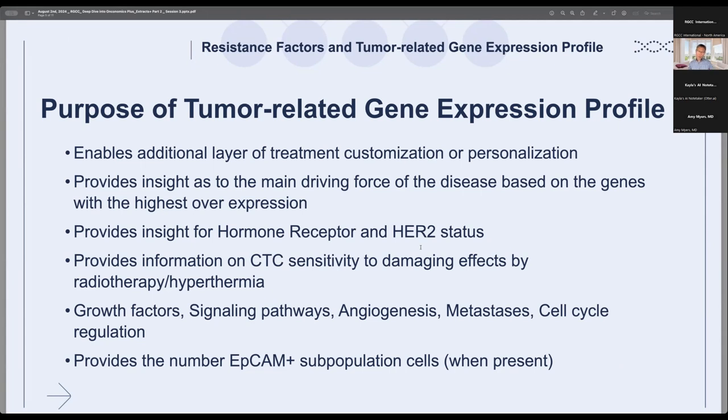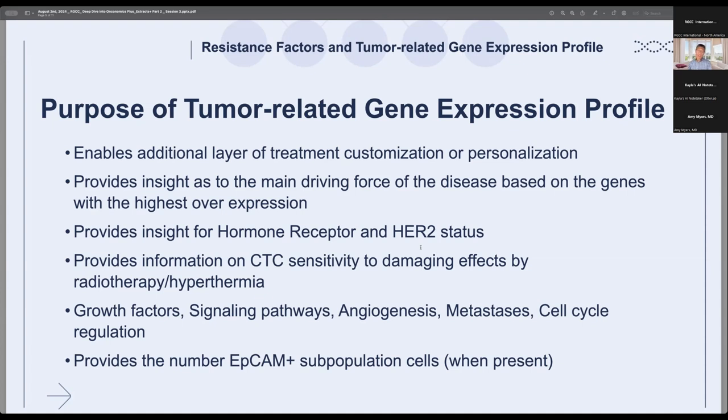If they're both expressed, then that means it's hormone positive if they're both overexpressed. And then, of course, the HER2, that's coming from the ERBB2. And if you see that gene overexpressed, then you've got triple positive breast cancer. So that's what's nice about this. It can confirm the hormone status of the circulating tumor cells.